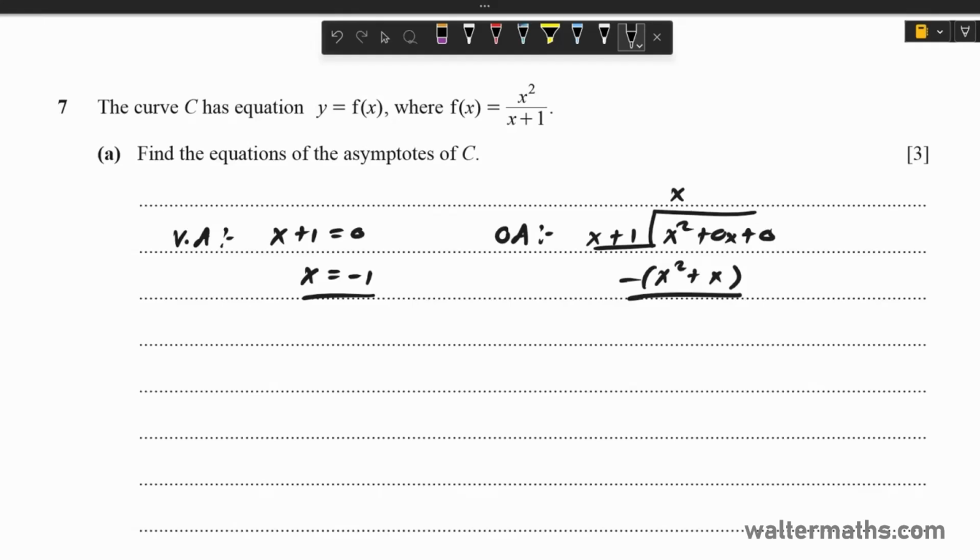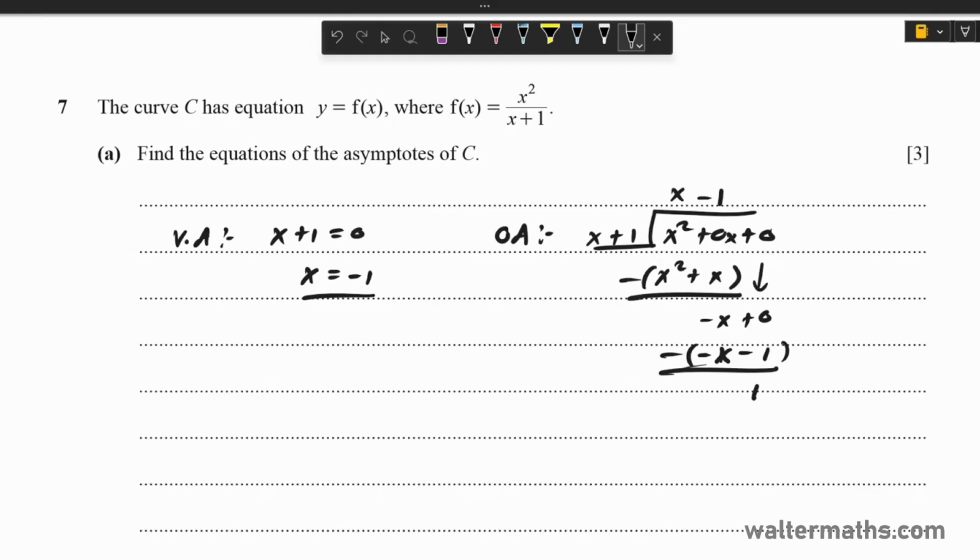X squared minus x squared is 0, and 0 minus x gives us minus x. Alright. Then x into minus x is minus 1, and minus 1 times x plus 1 is minus x minus 1. Alright. So minus x here, minus 1, and we subtract. And minus x minus minus x is 0, and 0 minus minus 1 gives us a remainder of 1.